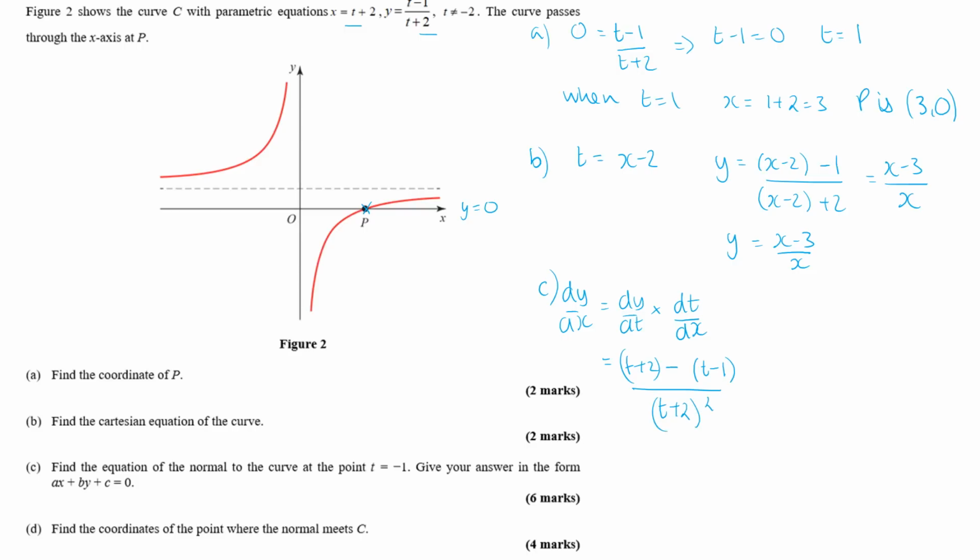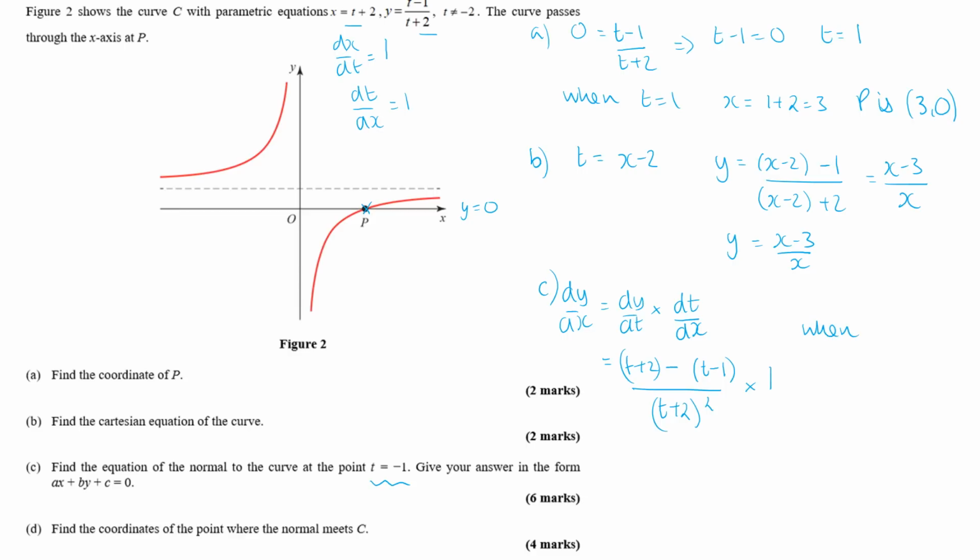And then dx by dt is just going to be equal to 1. So dt by dx is also 1, so that's just going to be times by 1. And we want the gradient when t is equal to minus 1.